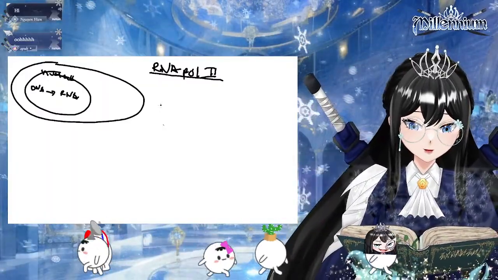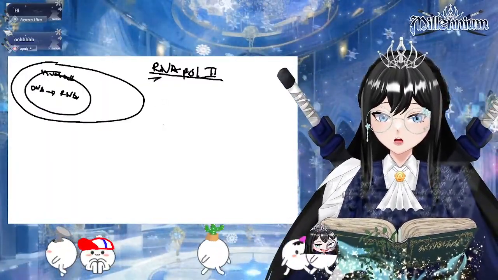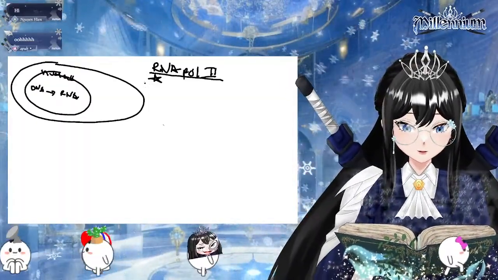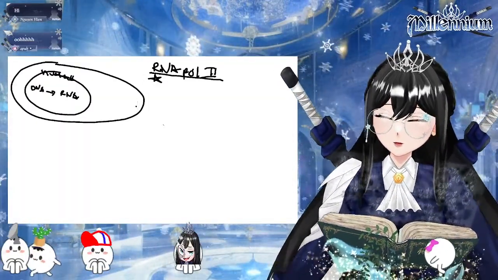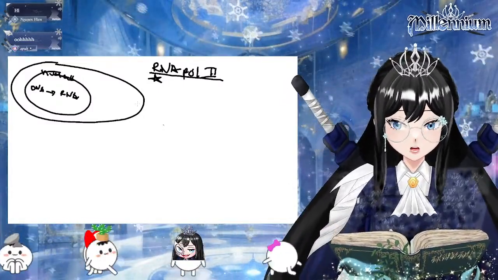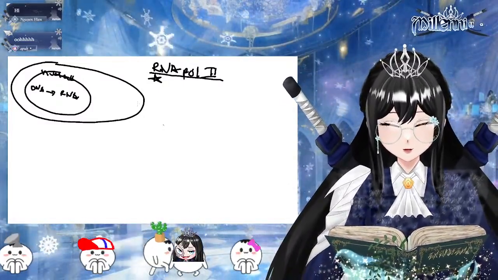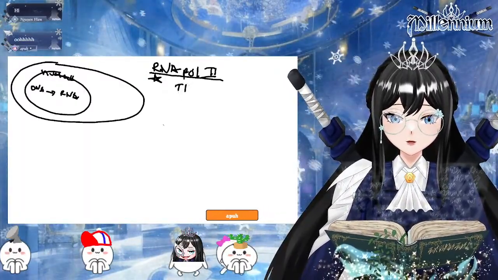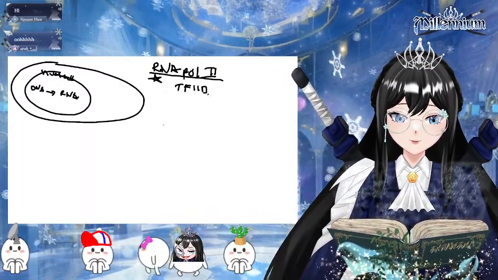By the way, RNA Pol 2 cannot initiate transcription on its own. It requires a team of a gazillion general transcription factors and regulatory proteins. So how does it start? You have TFIID.